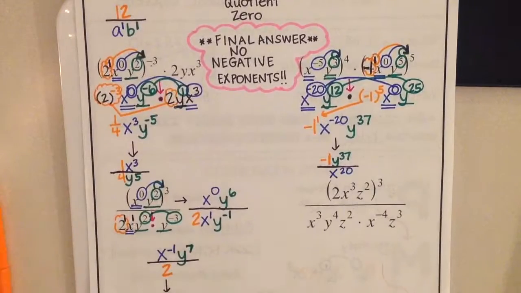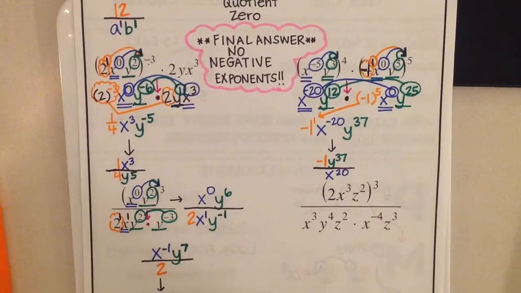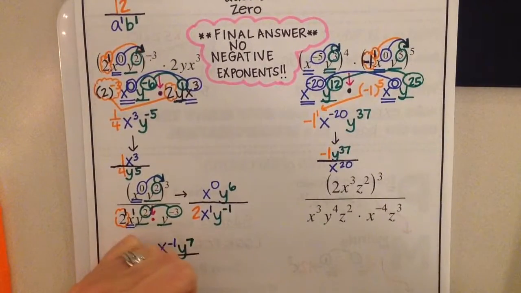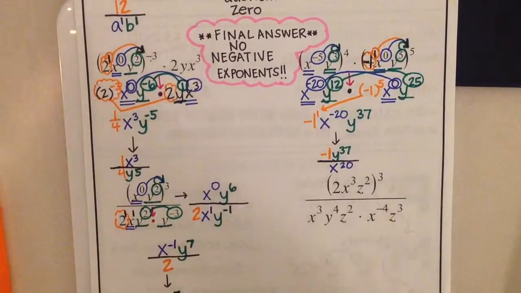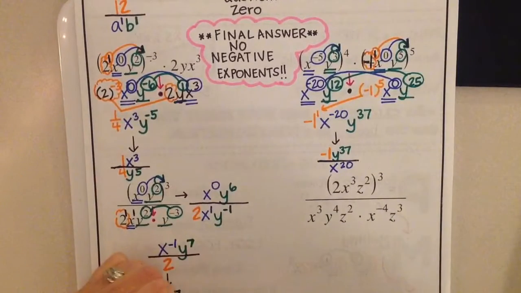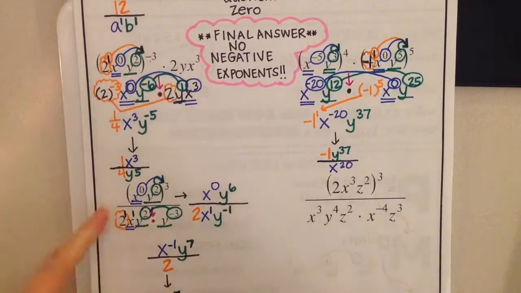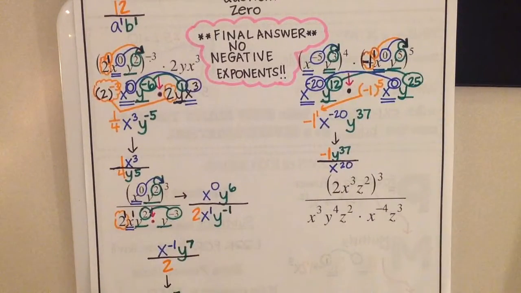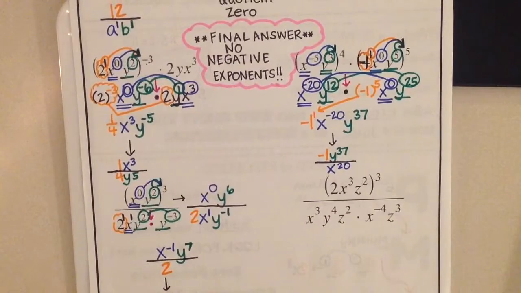And that negative 1 is going to become a positive 1. And now I have to write my y to the 7th power in my final answer. So it is going to stay in the numerator because its exponent is positive, and then of course the 2 that was in the denominator to begin with never moved from the denominator, so it has to be in the denominator at the end, and that is your final answer.